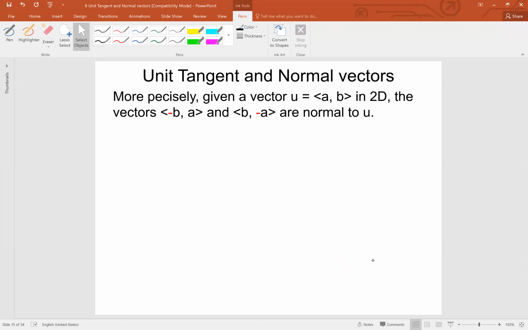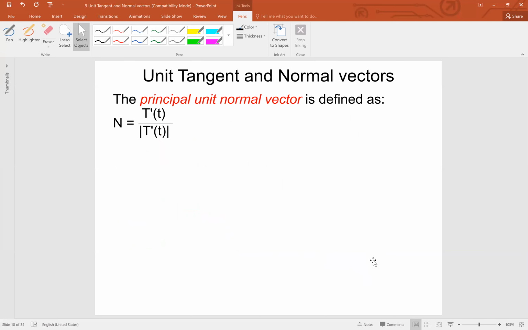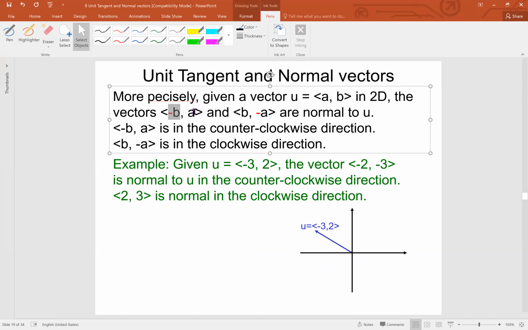In two dimensions, instead of calculating these, finding the unit tangent, taking the derivative and unitizing again, we can recognize this very easily visually. For a vector, there are only two directions perpendicular to it, and you get these two directions by switching the coordinates around and setting one of them to be negative.